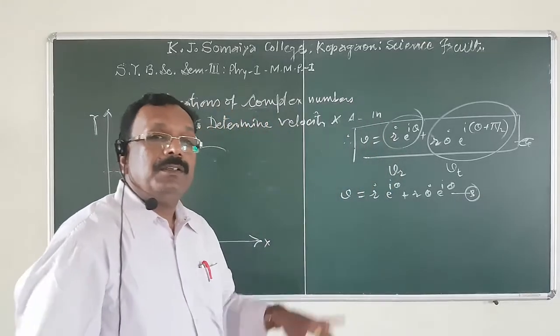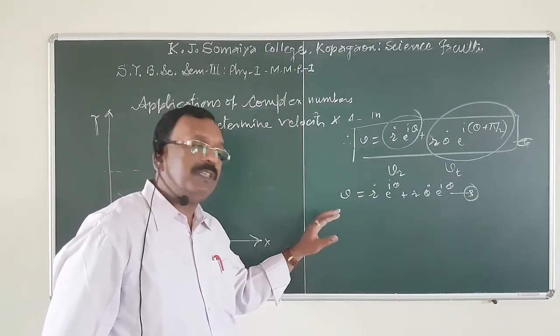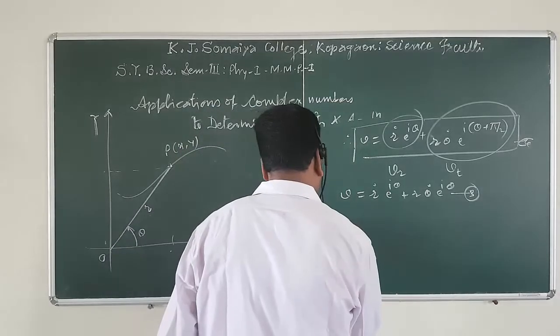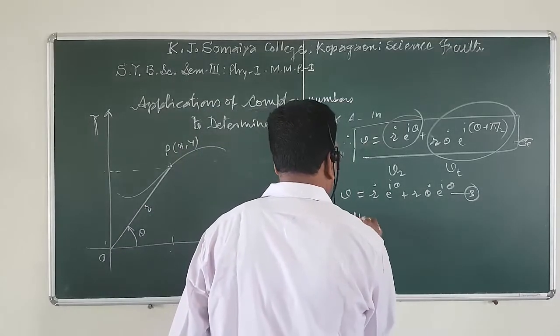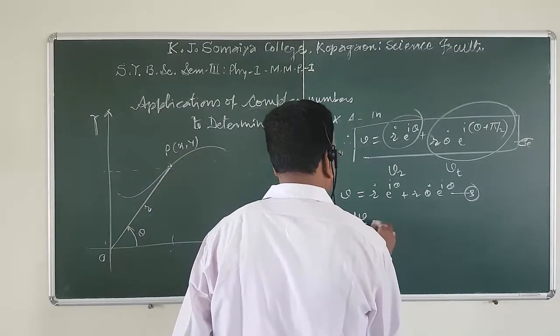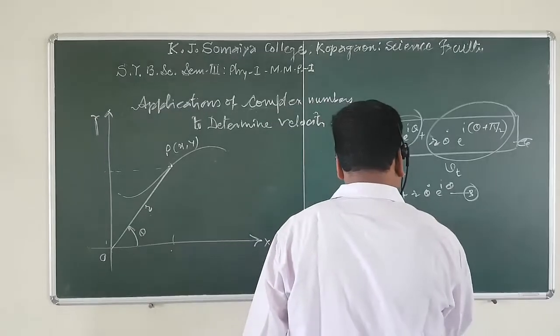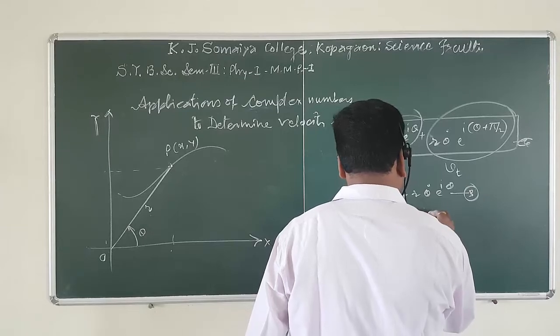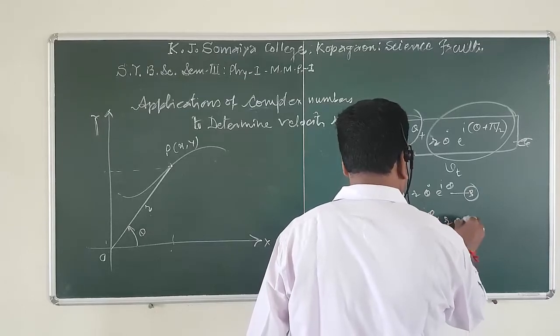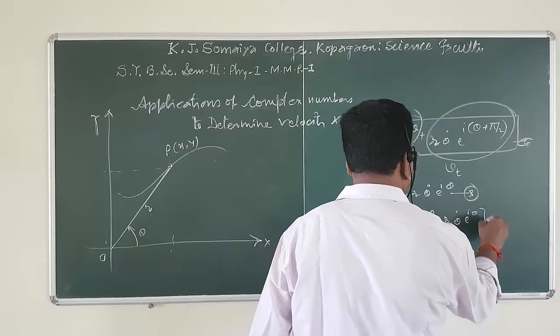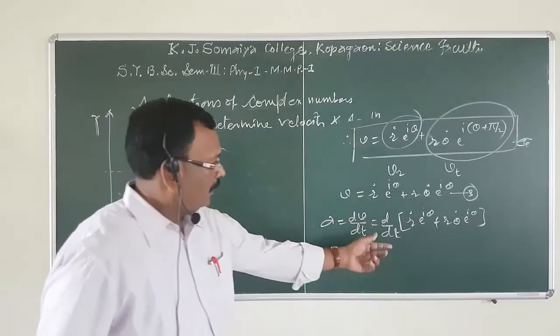We know that acceleration is nothing but rate of change of velocity, that is A is equal to dv by dt, that is d by dt of again r dot e raised to i theta plus i r theta dot e raised to i theta. Okay.